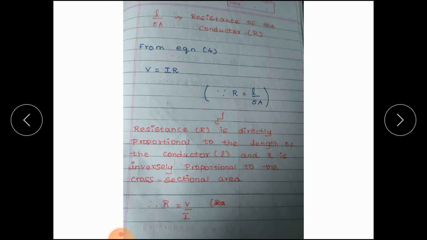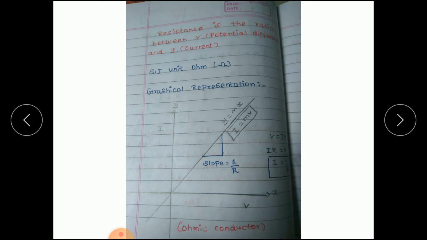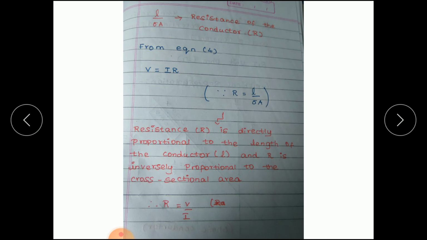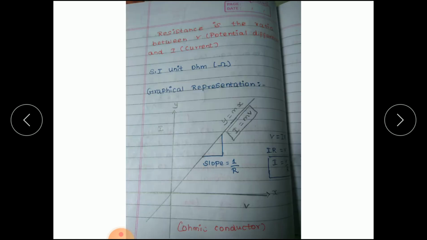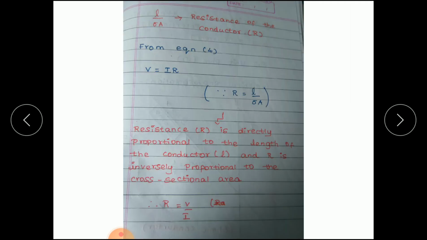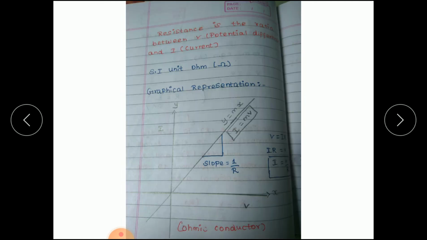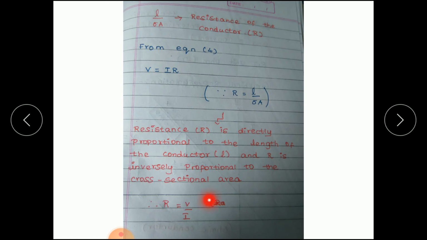So R is equal to V by I. We can define the resistance using this formula, that is, resistance is the ratio between potential difference and current I. So using these equations we define the resistance as directly proportional to the length of the conductor and inversely proportional to the cross sectional area, and from Ohm's law, as the ratio between potential difference and the current.